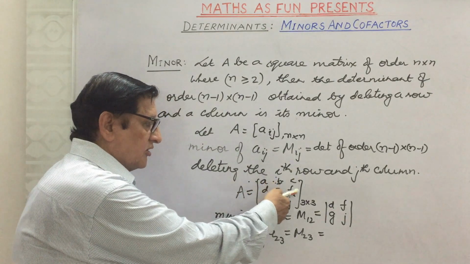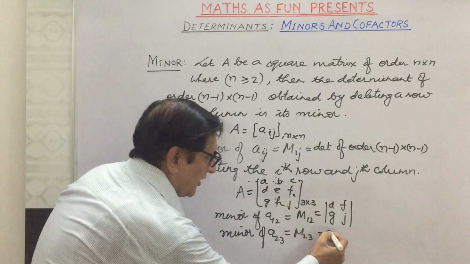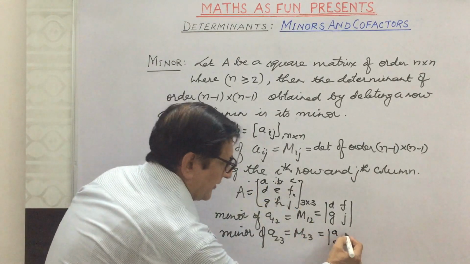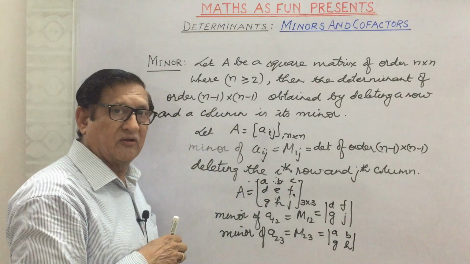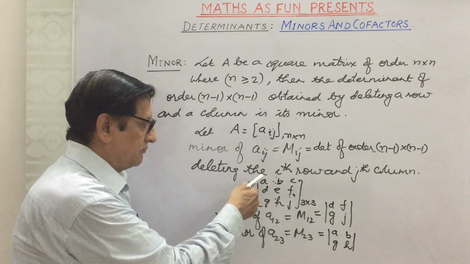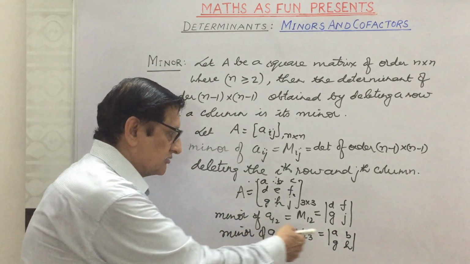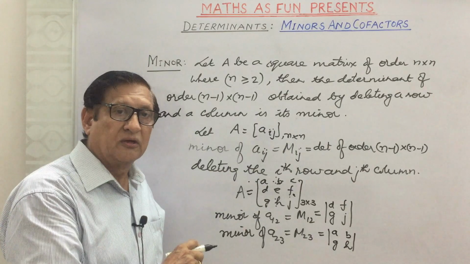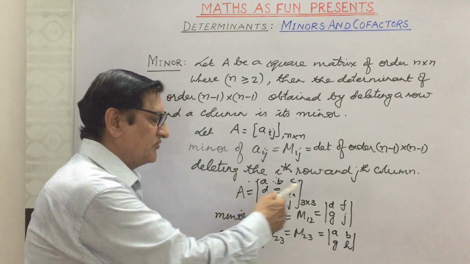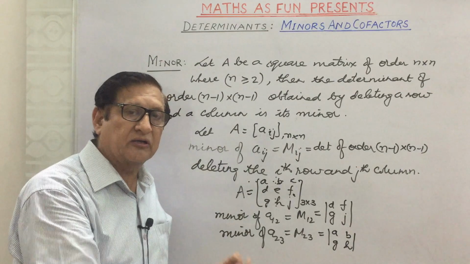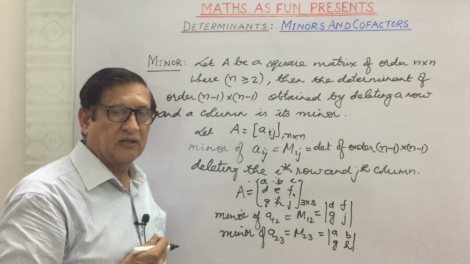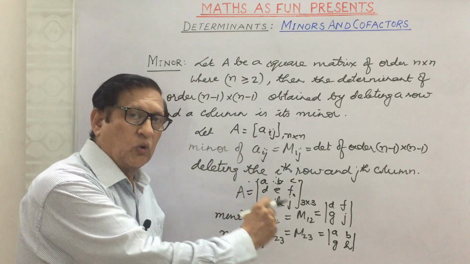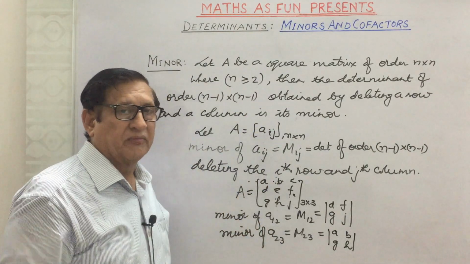Then we will leave this second row and the third column, and we are left with the determinant A, B, G, H. This is the minor for element A23. It means the value of the element for which we are finding the minor does not affect the minor. We have to take the determinant deleting that particular row and column of that element.